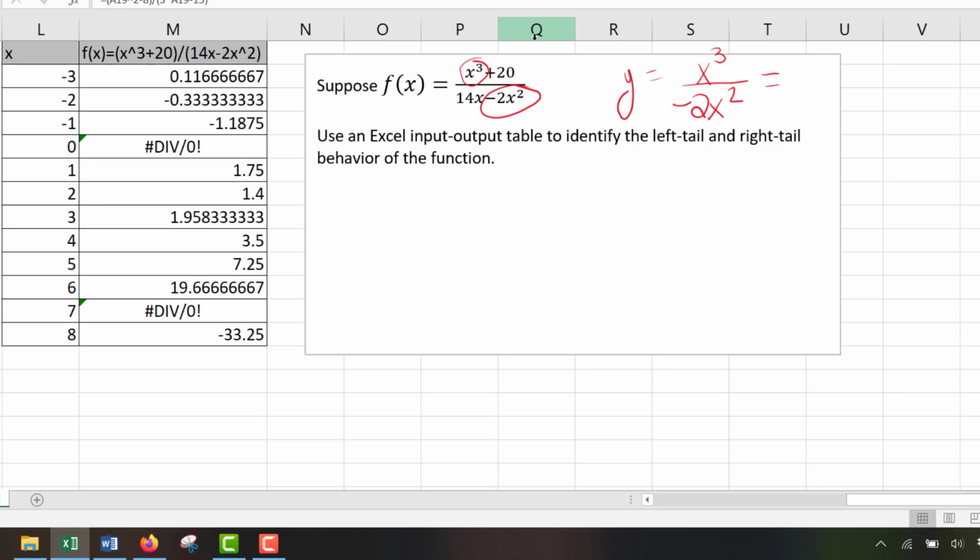So x cubed divided by negative 2x squared. Two of those x's cancel out. So that leaves x on top and negative 2 on the bottom. In other words, that is negative 1/2 x. The tail behavior of this rational function f of x will look like the tail behavior of the function negative 1/2 x.